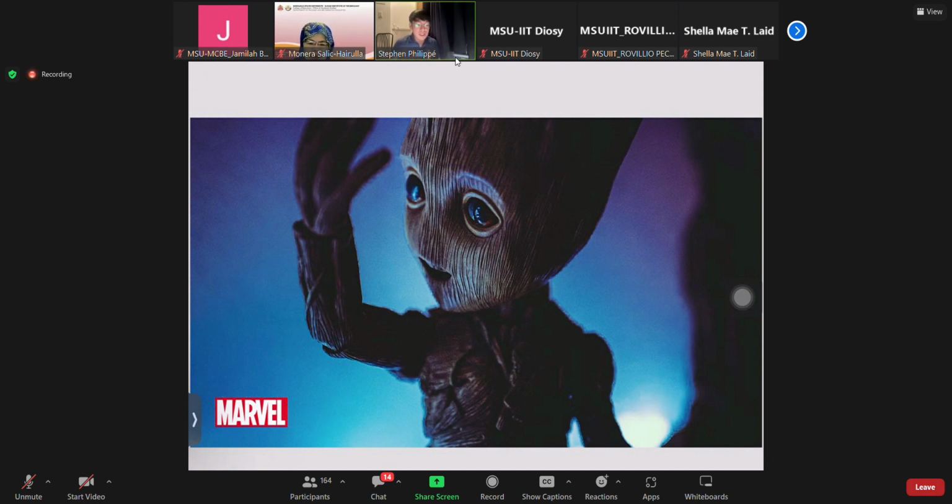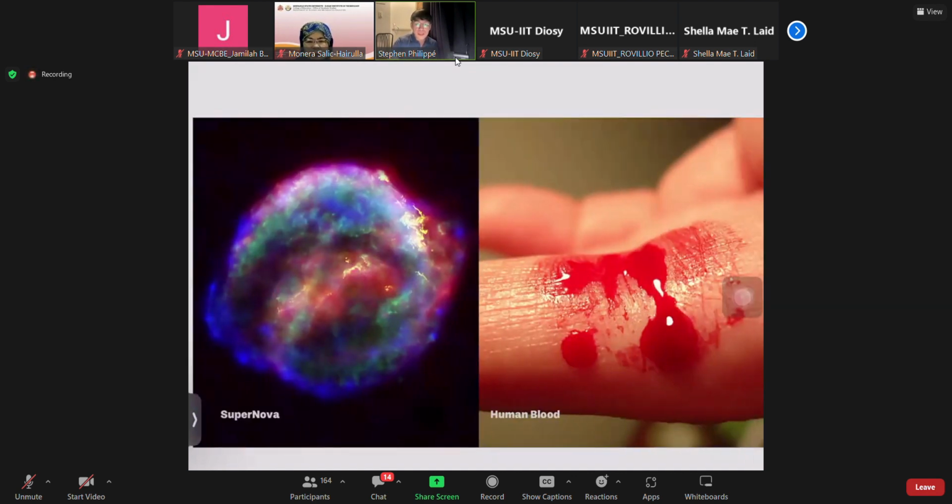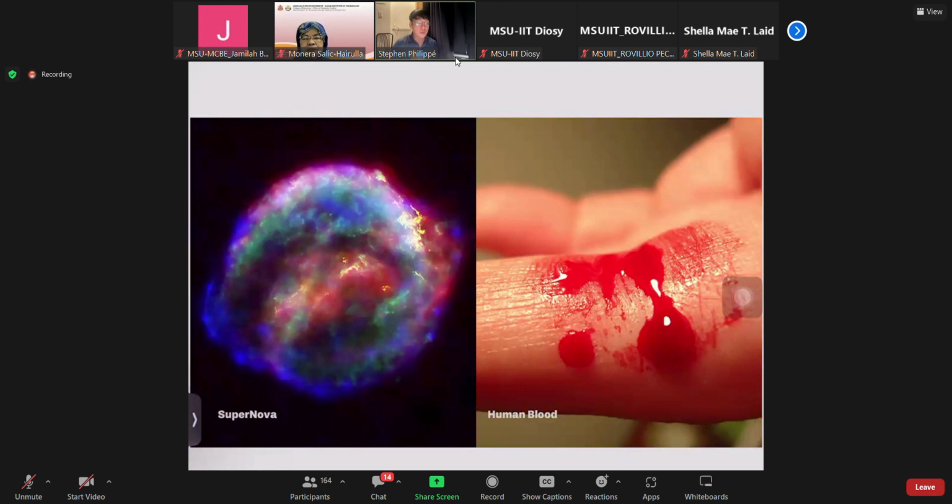So as much as I love space and extraterrestrial beings, I am also a fan of reading books like this. That's why in my field, I try to connect everything from space and from the microscopic level, as your answers were telling me before. So this is a supernova in a human blood.